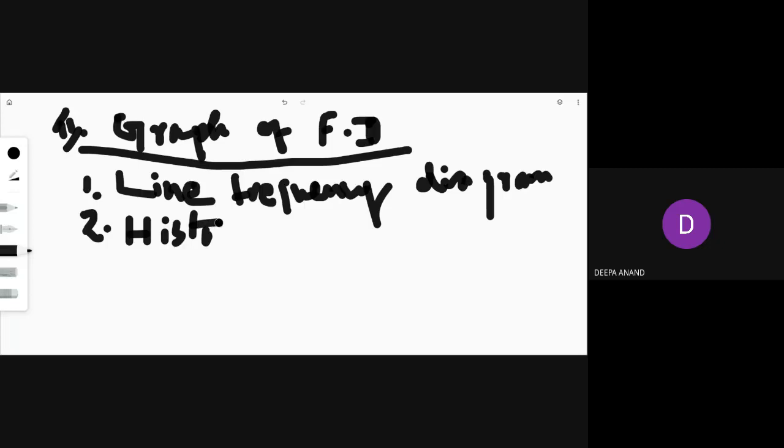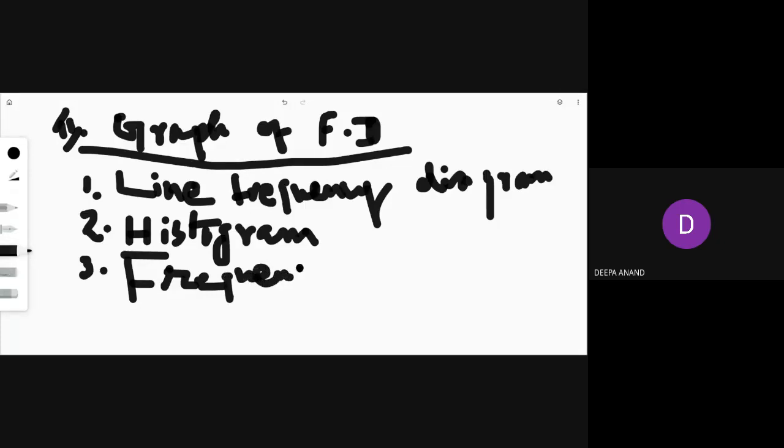A graphical representation of the same is also there. That means on the graph paper you will do histogram. And the third one is frequency polygon.